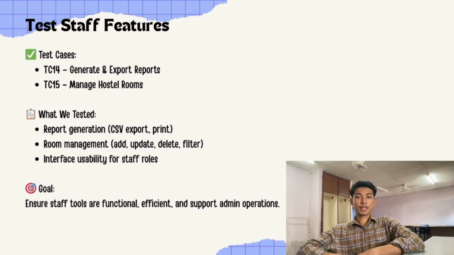In test case 15, we test the room management screen. Staff can view room data, add new rooms, delete, update status, and use filters such as status or room type. We also test form validation and uniqueness of room ID.